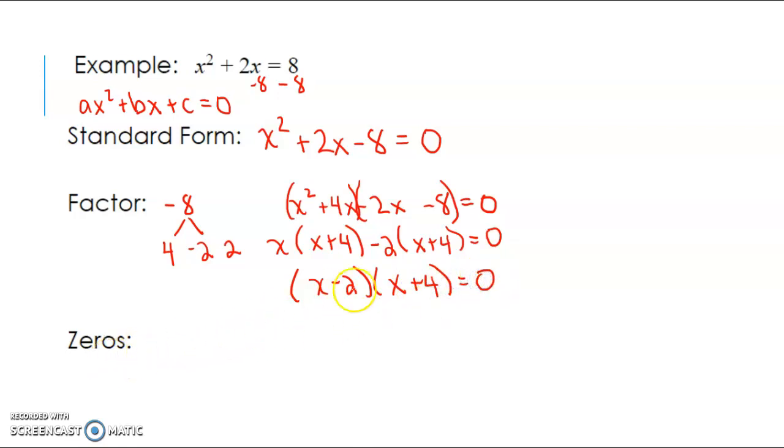So this is where my zero product property comes in. I have two things multiplied together to give me 0. So my zeros here, I know that x minus 2 has to be 0, and or that x plus 4 is going to equal 0. So now I have two basic one-step equations that I have to solve. So I'm going to add 2 to both sides.